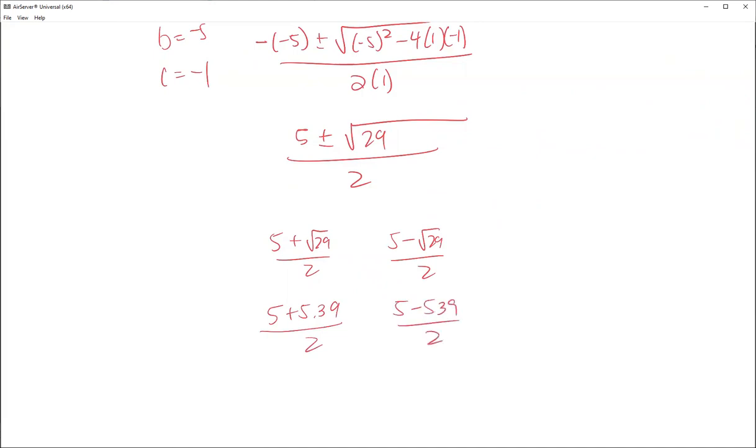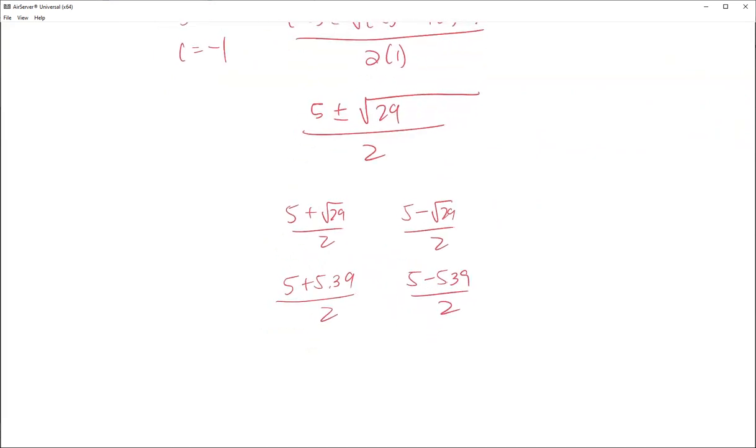That is 10.39 divided by 2, and this is negative 0.39 divided by 2. So 10.39 divided by 2 is about 5.195. And then negative 0.39 divided by 2 is negative 0.195.